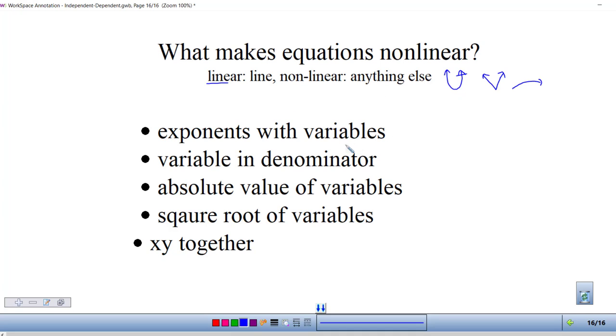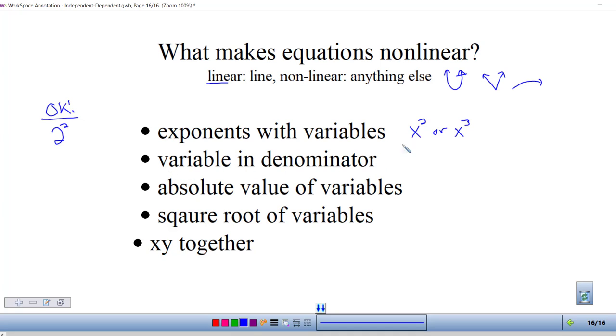There are 5 things when we look at equations that make them nonlinear. Exponents with variables, so I might have x squared or x cubed. It could be y squared or y cubed or any exponent, but it has to be with a variable. It is okay, I'll put some things over here that are okay. It's okay to have a number with an exponent, just not a variable exponent.